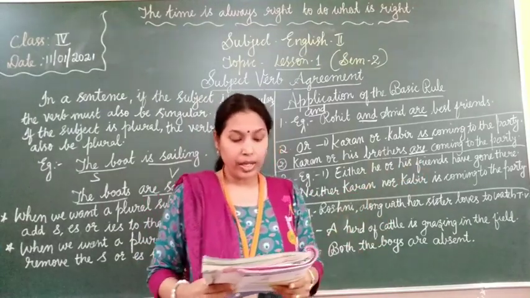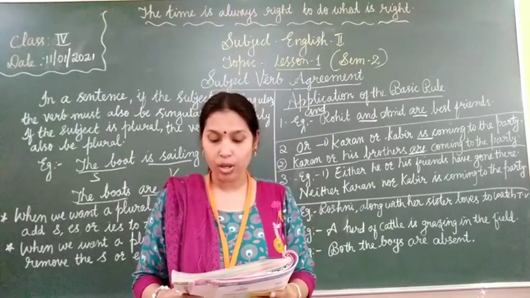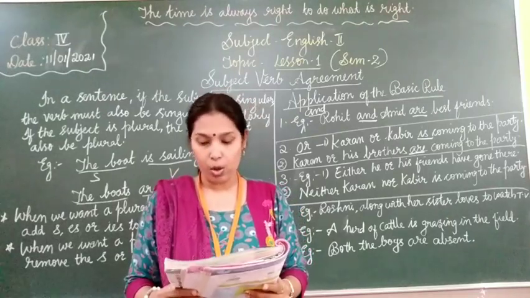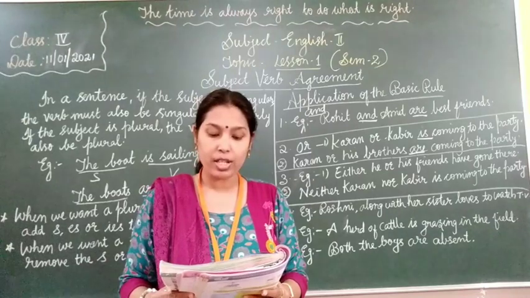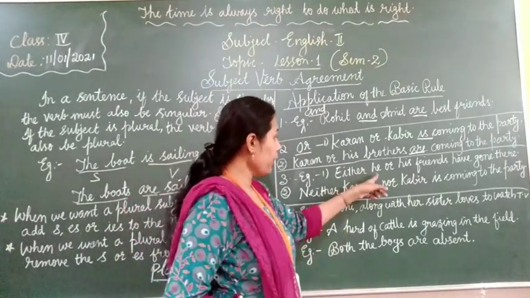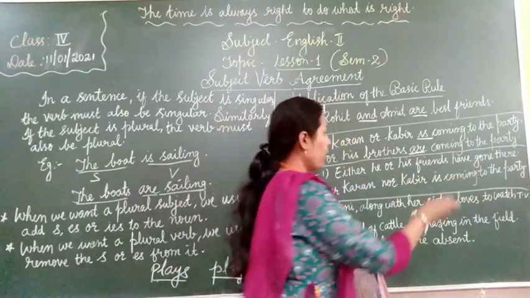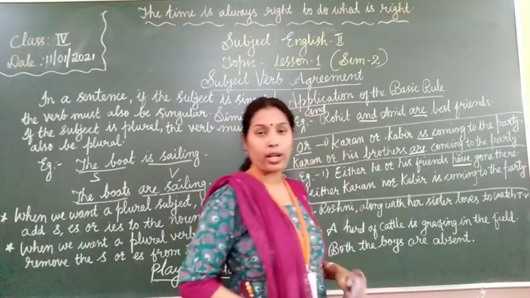Okay. Next point, when two subjects are connected with either or, neither nor, then the verb agrees with the subject which is nearer. See example. Either he or his friends have gone there. Here the verb is in plural. Why?